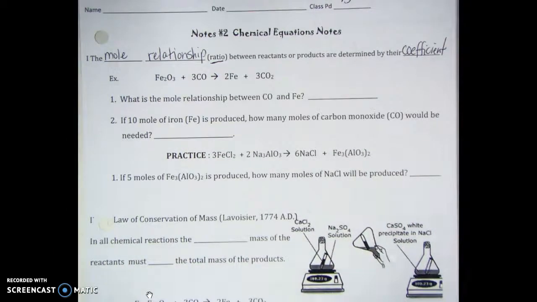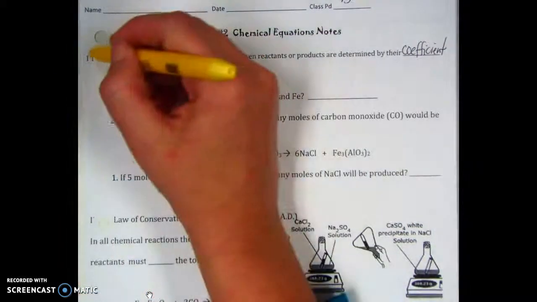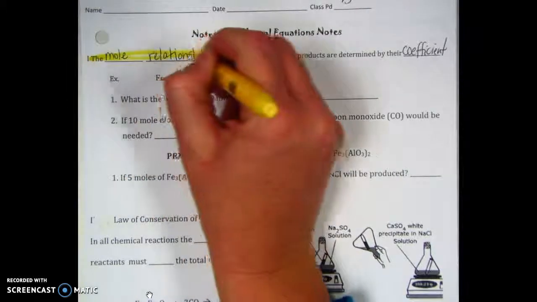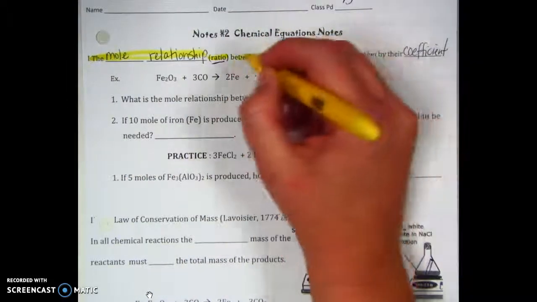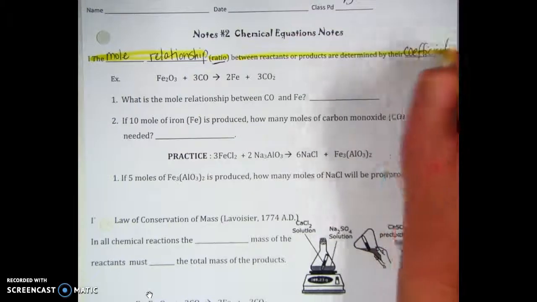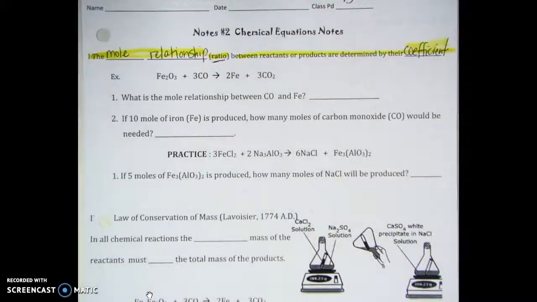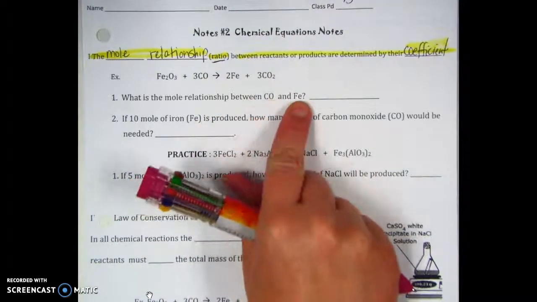Let's highlight that. The mole relationship, which is a ratio between reactants or product, is determined by the coefficient. Very important to know.